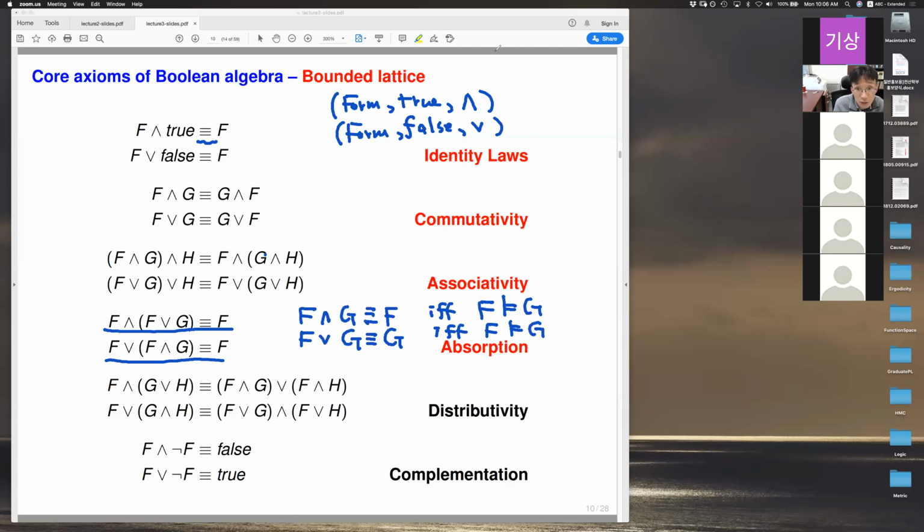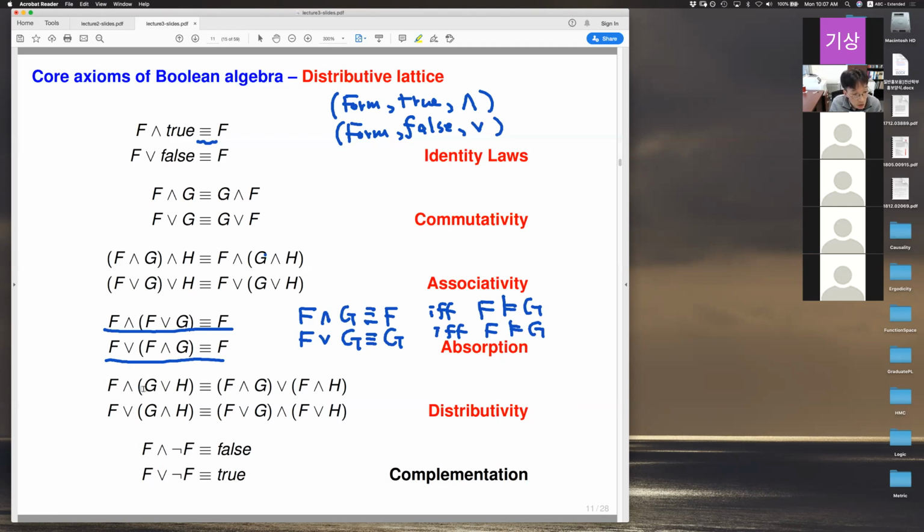The next rule is called distributivity. It says the conjunction distributes over disjunction, and disjunction distributes over conjunction. In this sense, conjunction is a bit like multiplication for numbers, and disjunction is like addition.